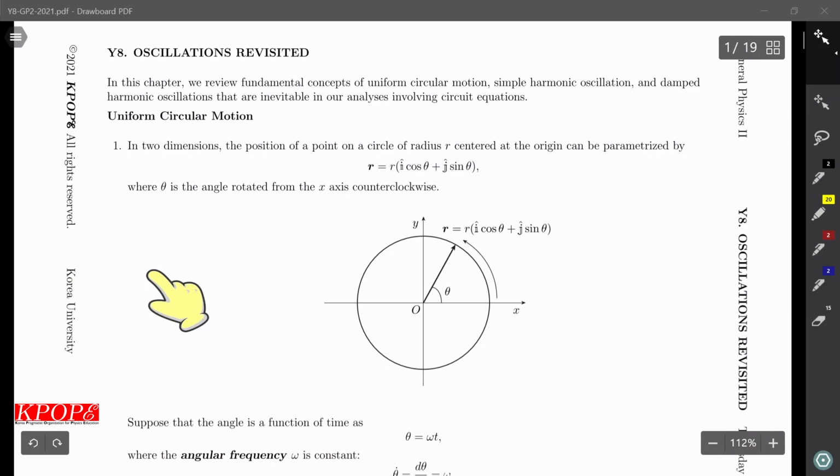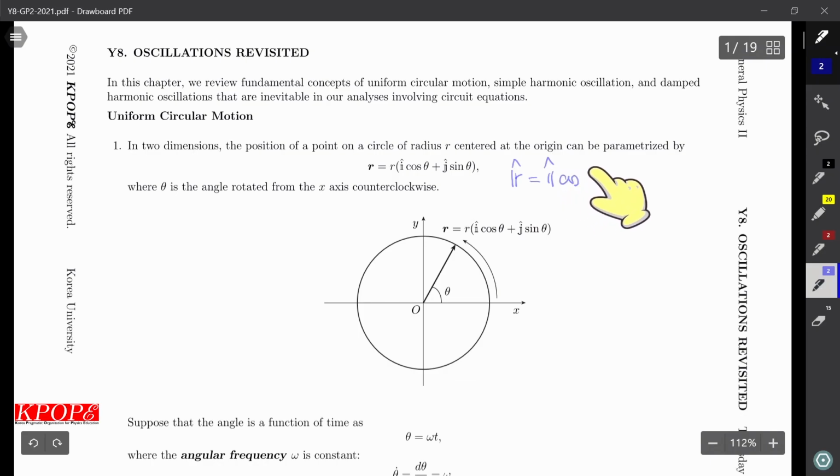We know the unit radial vector r hat is i hat cosine theta plus j hat sine theta. It is a unit vector because r hat squared equals cosine squared theta plus sine squared theta, which is always 1.